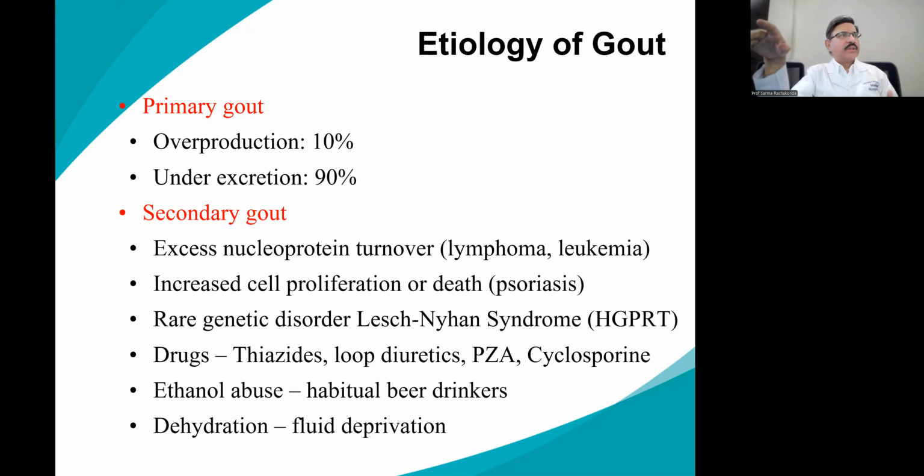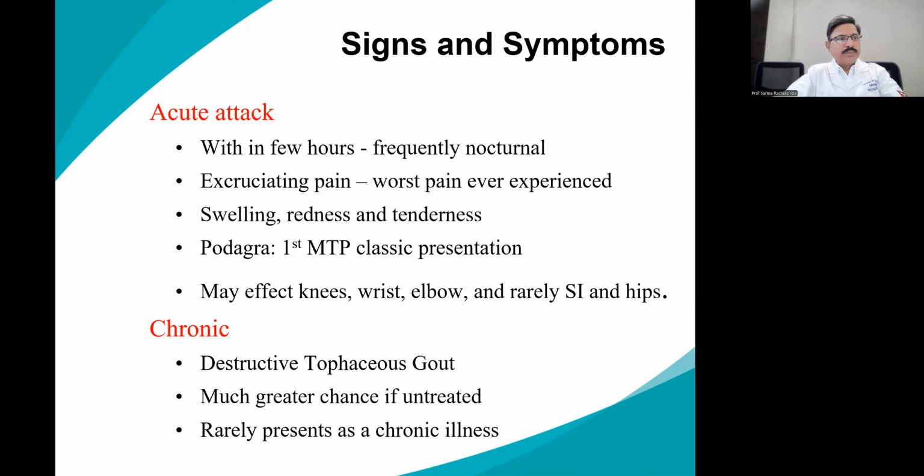Primary gout, secondary gout. Primary, cause unknown; secondary, there may be several causes. Primary gout: 10% overproduction, and the second one is under excretion, 90%. Secondary gout: mostly lymphomas, leukemias, other malignancies with high cell turnover, or psoriasis, or Lesch-Nyhan-like disease, or thiazide and loop diuretics, pyrazinamide, cyclosporine, ethanol abuse and dehydration.